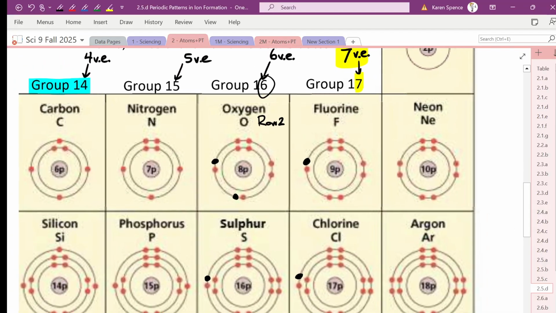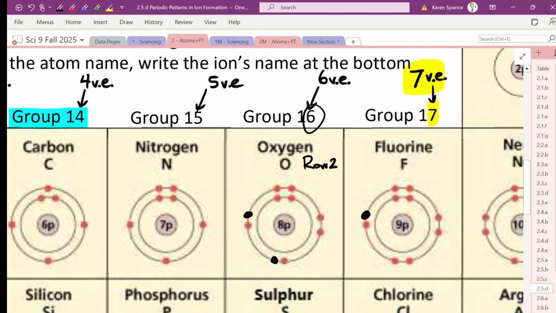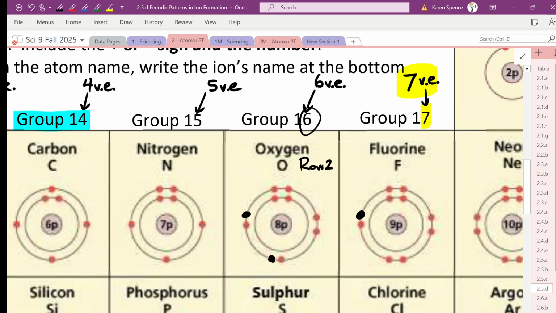Group 15, 1, 5. How many valence electrons? 15 has 5. How many electrons does it need to lose or gain? You could either lose 5 or you could gain 3. Which is easier? Gain 3. So it's not going to lose 5, it's going to gain 3. If you're closer to full, you're going to gain. If you're closer to empty, you're going to lose.